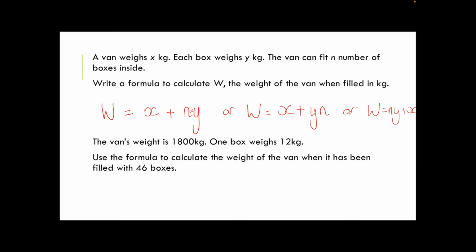The van's weight is 1,800 kilograms and one single box weighs 12 kilograms. We have to use the formula to calculate the weight of the van when it has been filled with 46 boxes.